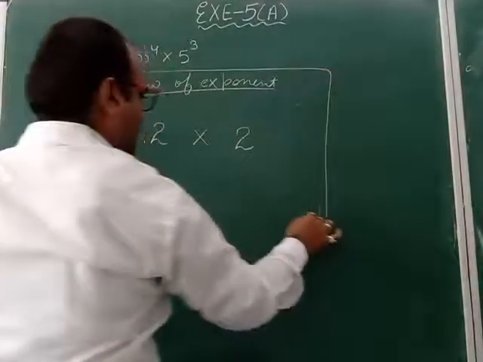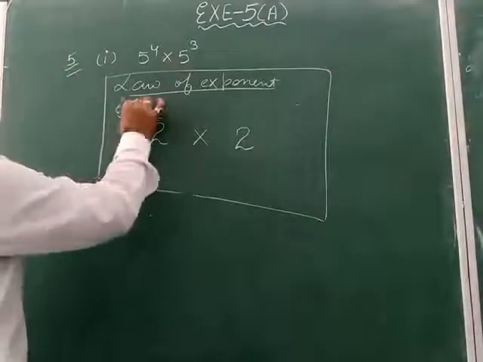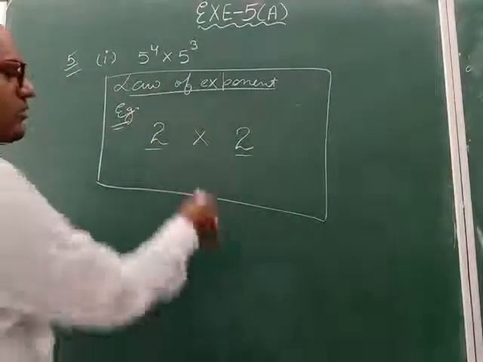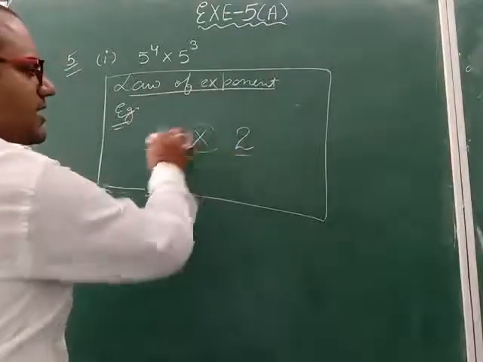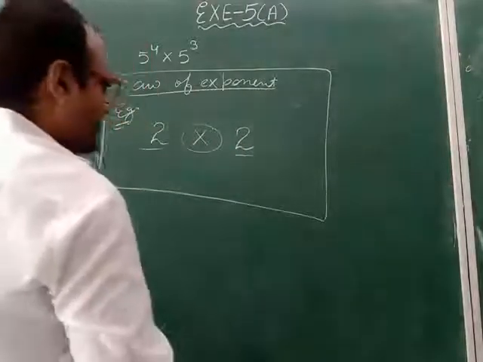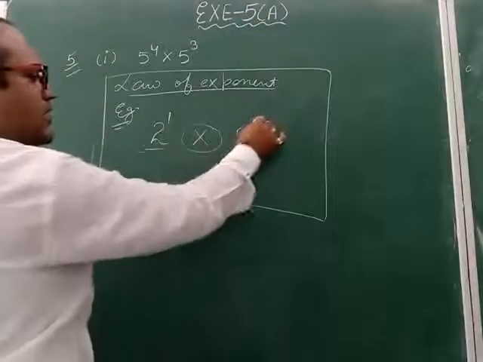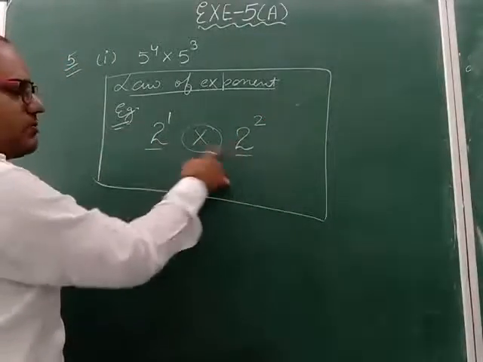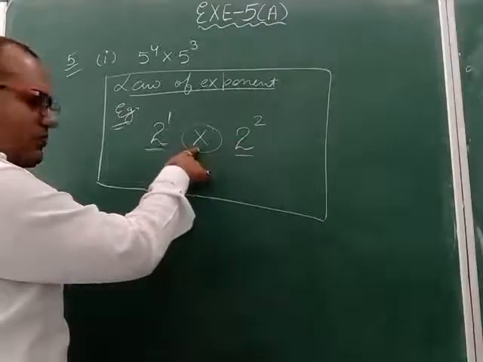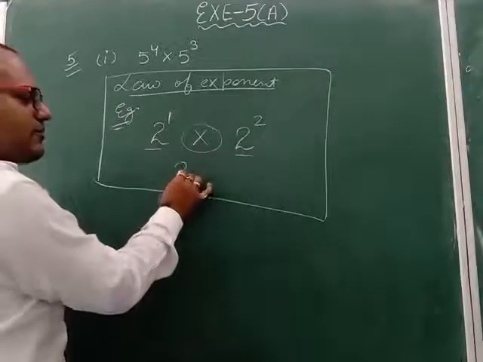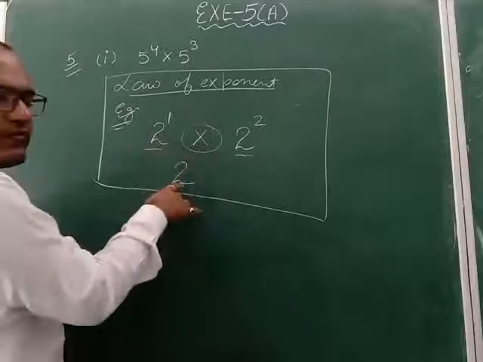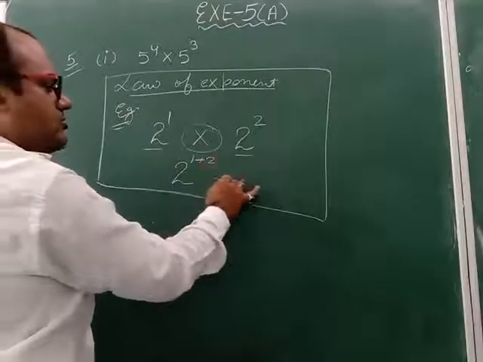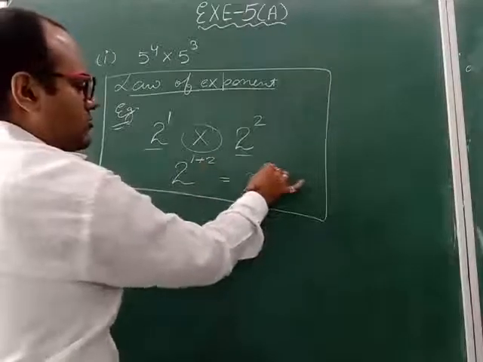If bases are same and between both the bases multiply sign is coming, suppose here power is 1 and here power is 2, then the answer will be 2, we write the base as it is and both the powers we add. So finally the answer will be 2 raised to the power 3.